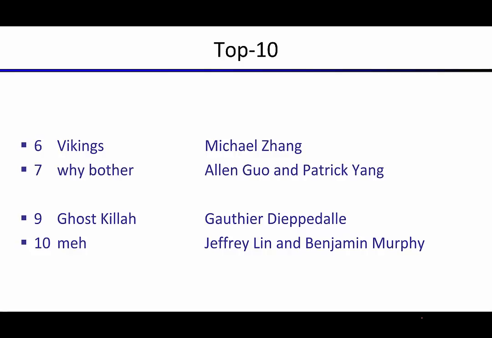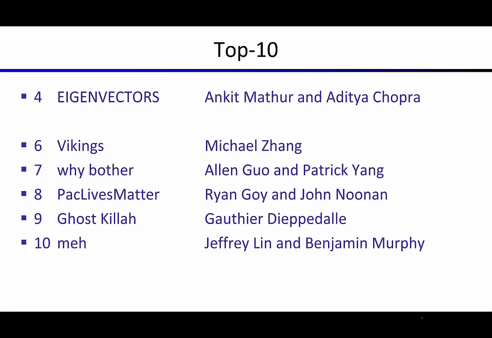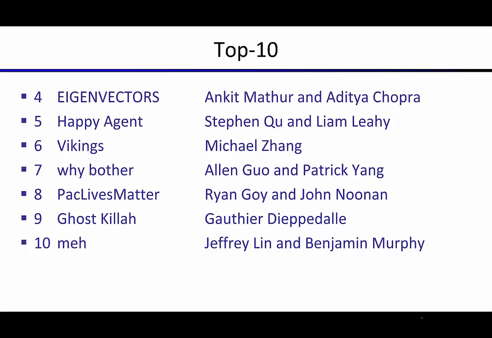At number 7, Why Bother, Alan Guo and Patrick Yang. At number 8, Pack Lives Matter by Ryan Goy and John Noonan. At number 4, we have Eigenvectors. At number 5, Happy Agent by Stephen Chu and Liam Leahy. Let's congratulate all of them.